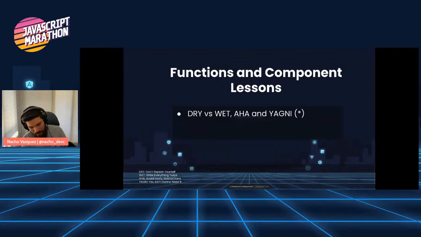AHA is avoid hasty abstractions, and the main philosophy is very similar to what we have been discussing: only start abstracting when you really need it. Even if you find the code repeated in three or four places, if that code is not too complex, the abstractions may be more costly than actually having this little duplicated code everywhere.